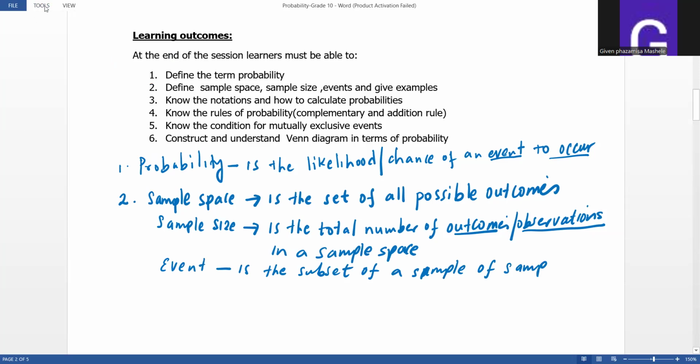So an event is the subset of a sample space. This is called an event. A subset of a sample space is regarded as an event.